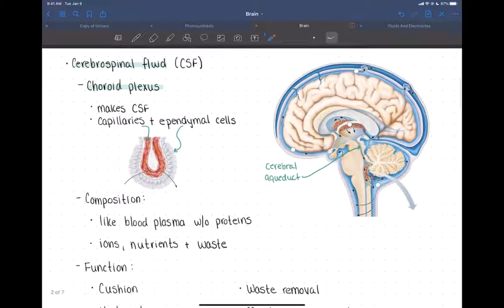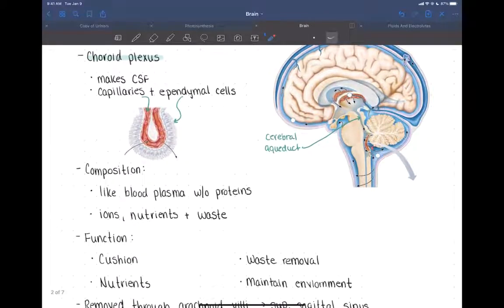And then from the fourth ventricle, it has two options as to where it can go. It can go this way, where it enters that arachnoid space, and it'll travel around the brain through that arachnoid space, and eventually up through those arachnoid villi into the superior sagittal sinus.